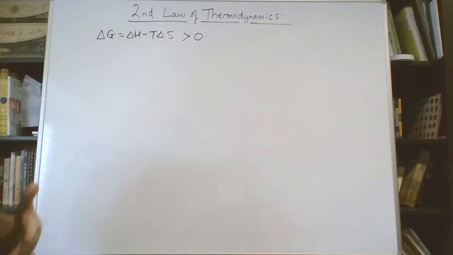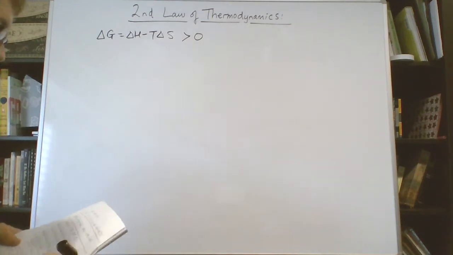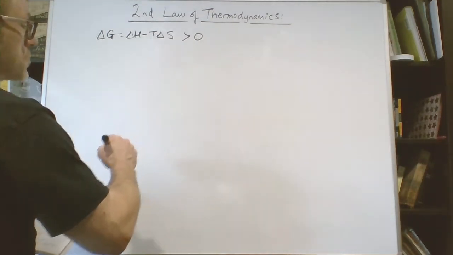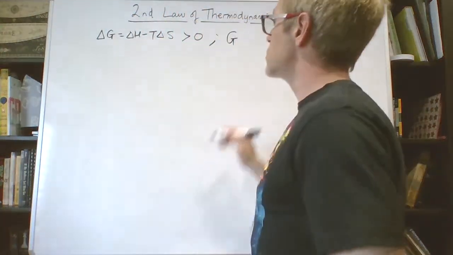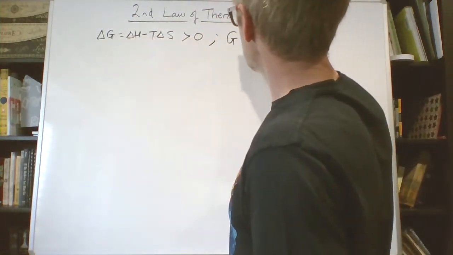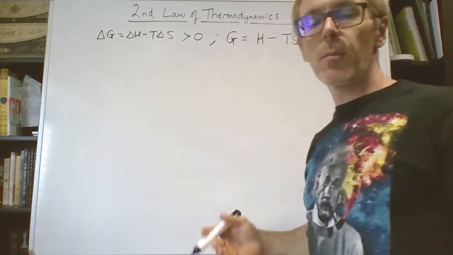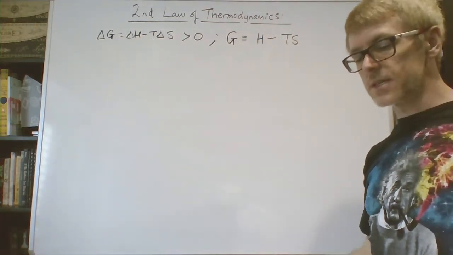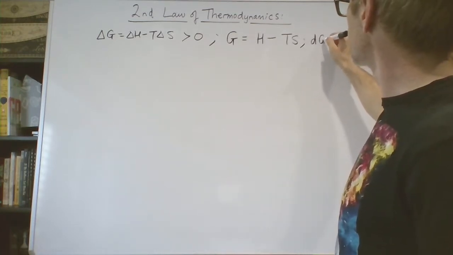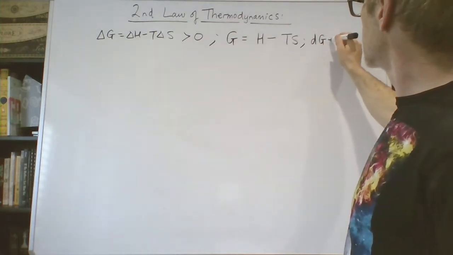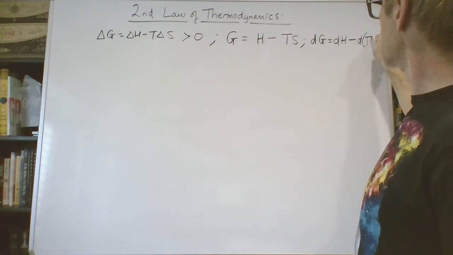To move forward with this equation, we have to do away with these delta symbols. So let's strip this down of its delta symbols. I'm just going to take away the delta symbol. G is H minus TS, and I'm going to replace the delta symbol with a d symbol, so I can write dG is dH minus d(TS).